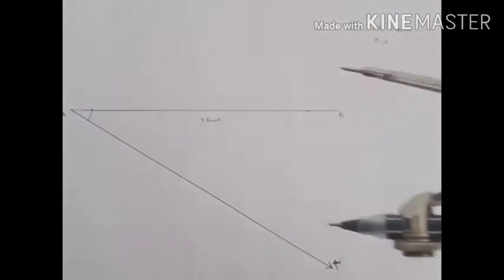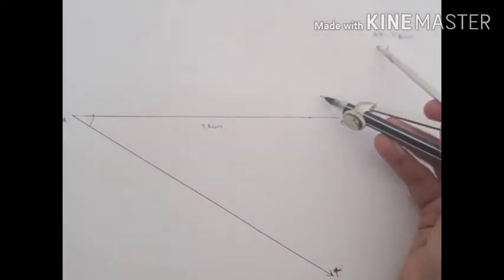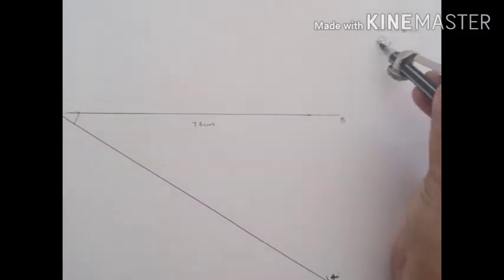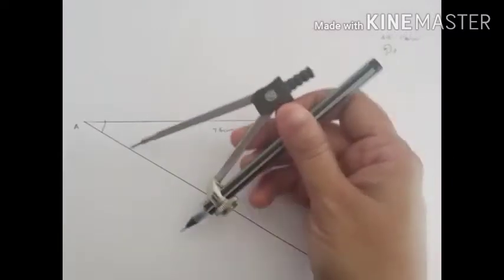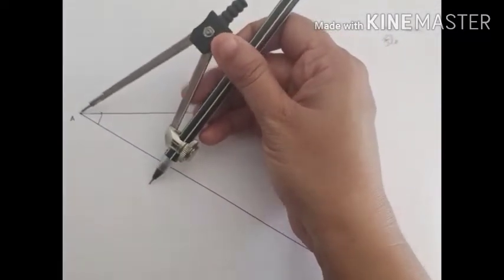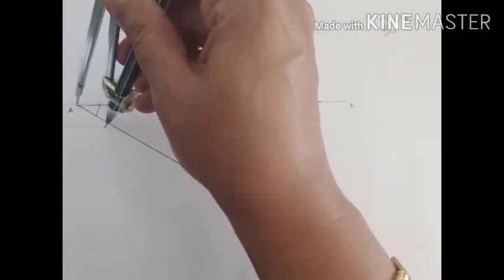Then we want to mark 5 equal parts, because here the first number in the ratio is 5. So we have to mark 5 equal parts on this ray AX, starting from A, using any measure.